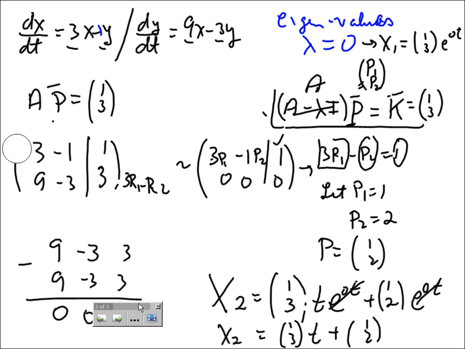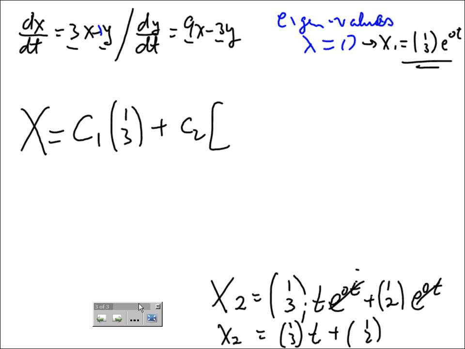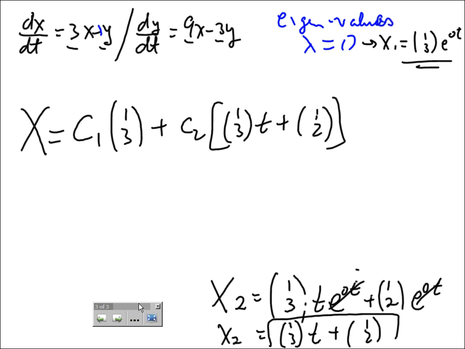And that's the answer. Now we have enough information to write down the answer. X is c1 times x1, and x1 is right here. 1, 3 times e to the 0t, which is just 1, 3, plus c2 times this. 1, 3t plus 1, 2, or 1t.